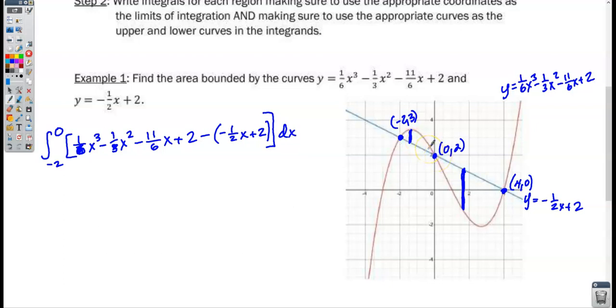And then I need to add to that the area of the second region, which is going to be the integral of. For that region, the line forms the upper boundary. And so the line is going to come first in our integrand.